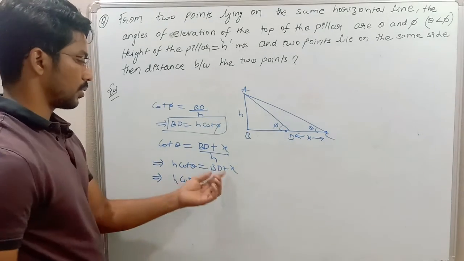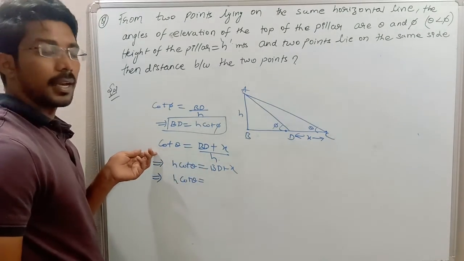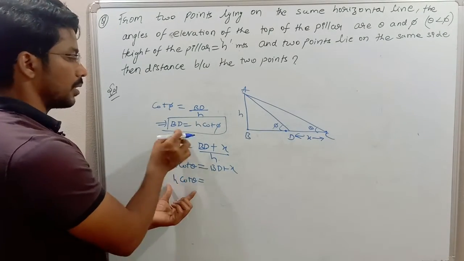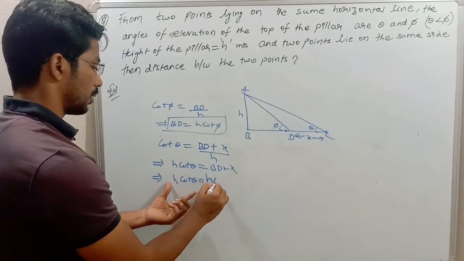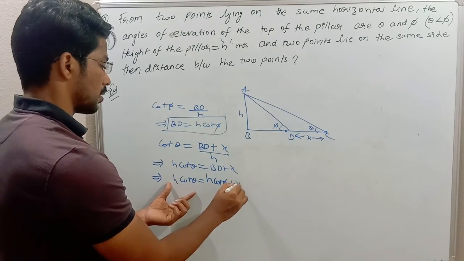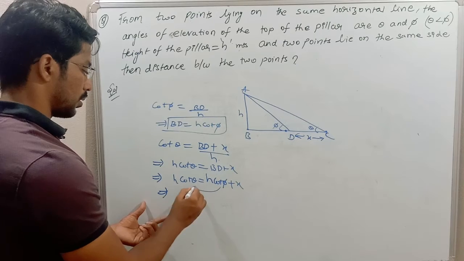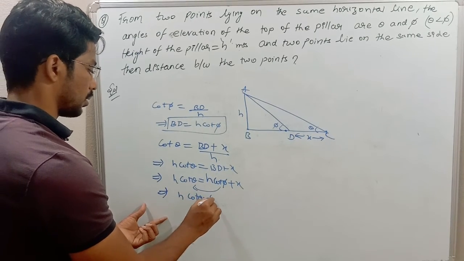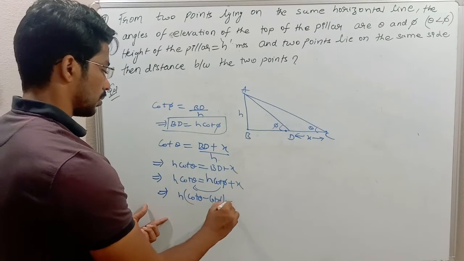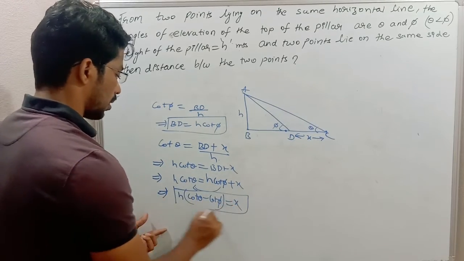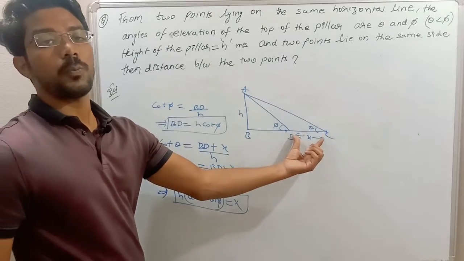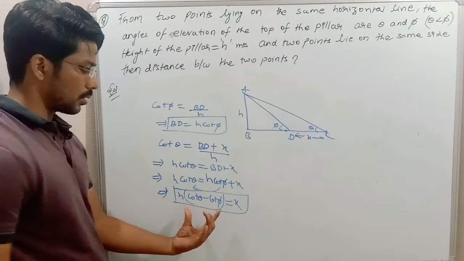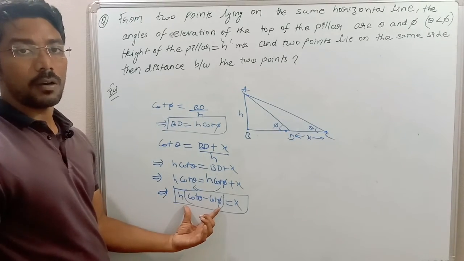BD is nothing but h cot phi. So h cot theta is equal to h cot phi plus x. Taking this to the LHS, it becomes h times (cot theta minus cot phi) is equal to x. So x is the distance between the 2 points from where the angles of elevation are measured. So the distance between the 2 points is h(cot theta minus cot phi).